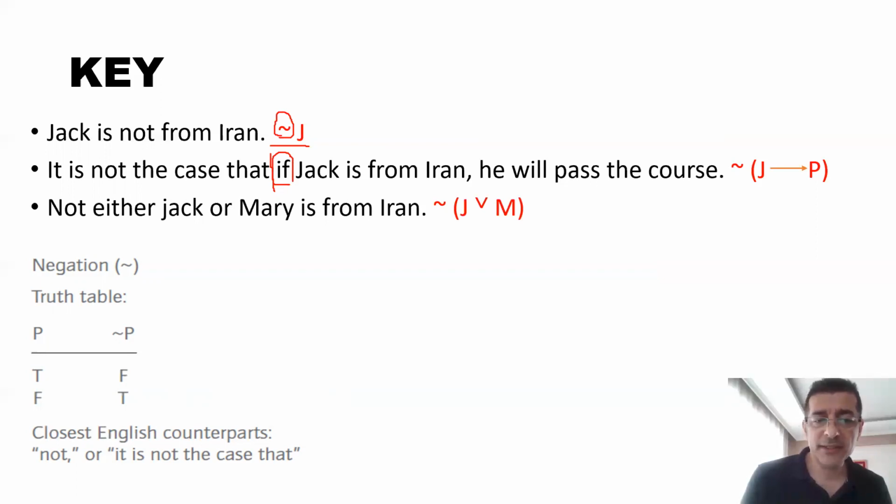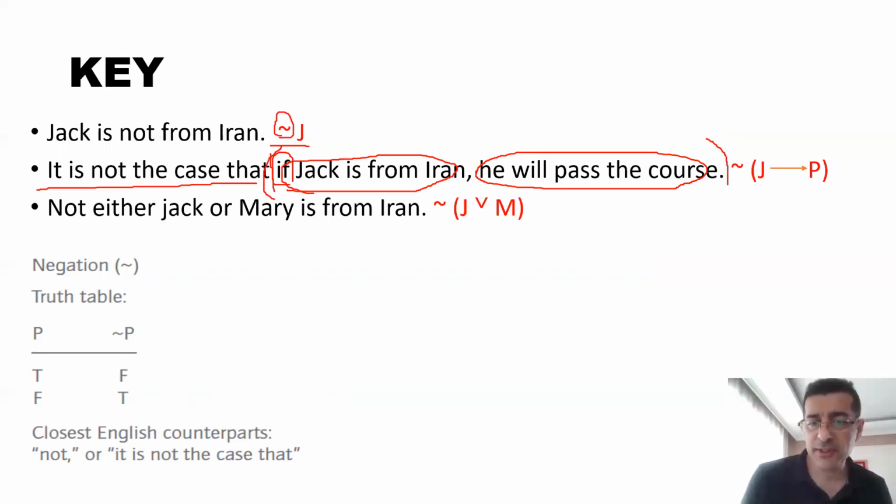But then let's look at this, it's not the case. Now, is this, it's not the case, referring to if Jack is from Iran? Or is it referring to he will pass the course? Or is it referring to, let me just write here the parentheses, the whole thing?